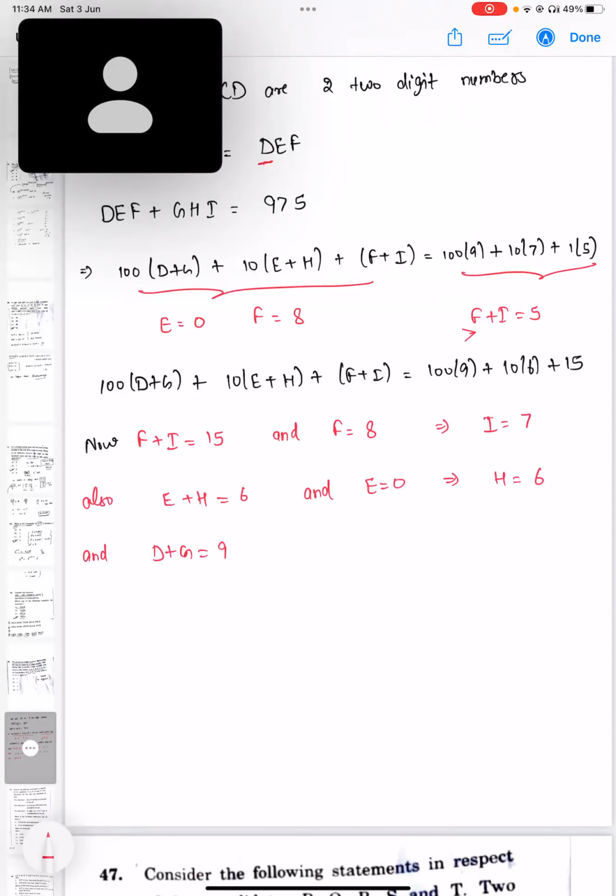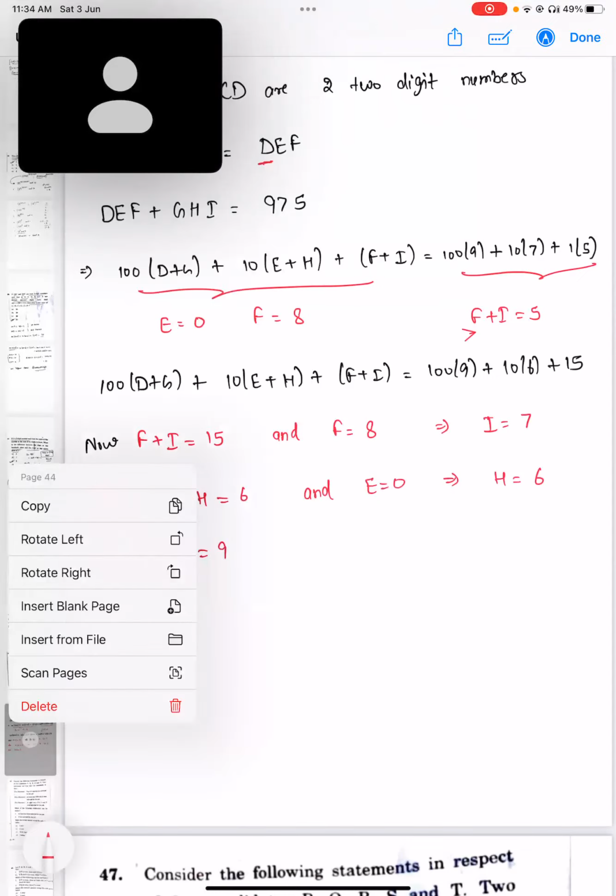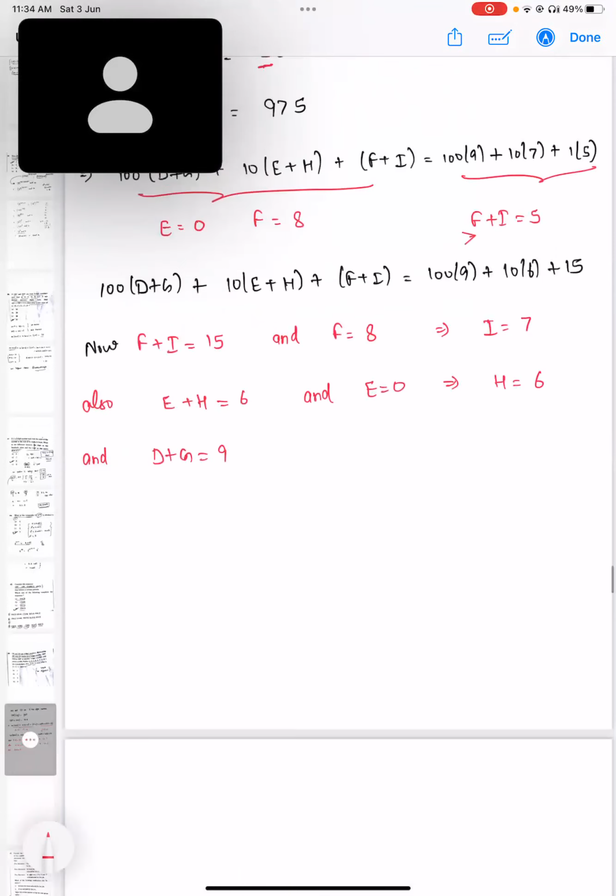So if I look for the possible choices for D and G, what are the possible choices? Let us start with 1, 8; 2, 7; 3, 6; 4, 5; 5, 4; 6, 3; 7, 2; 8, 1, right?